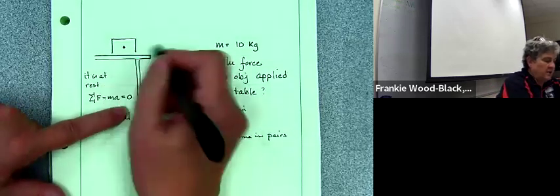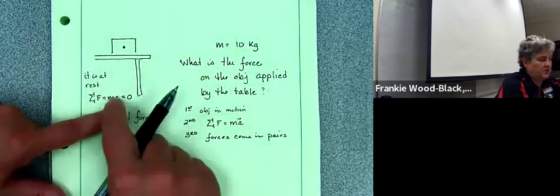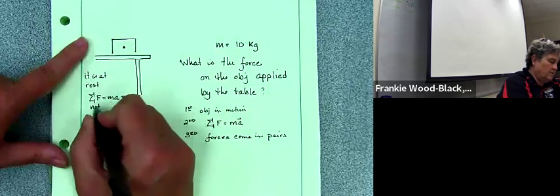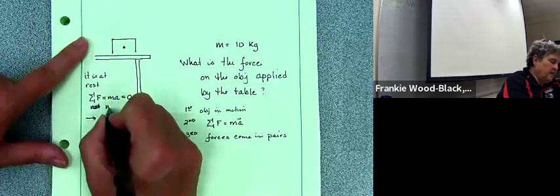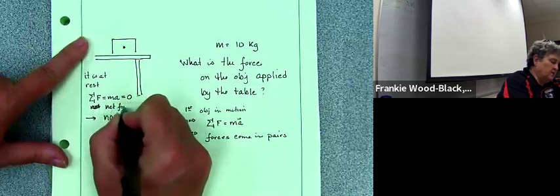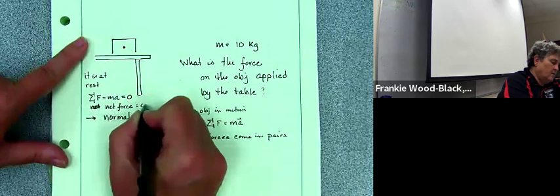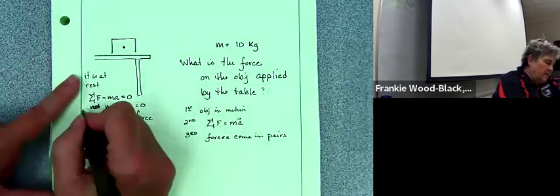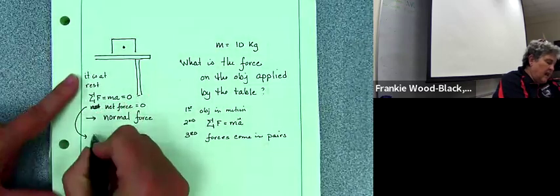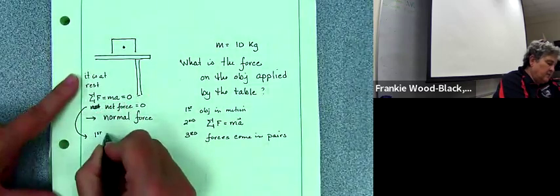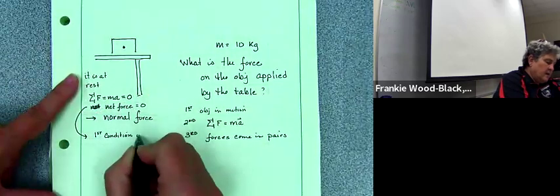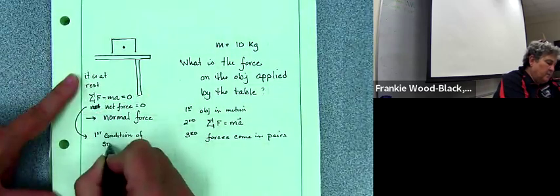There's no acceleration, this thing is at rest, there's no net force, or the net force is equal to 0. And we mentioned that that was our first condition of static equilibrium.